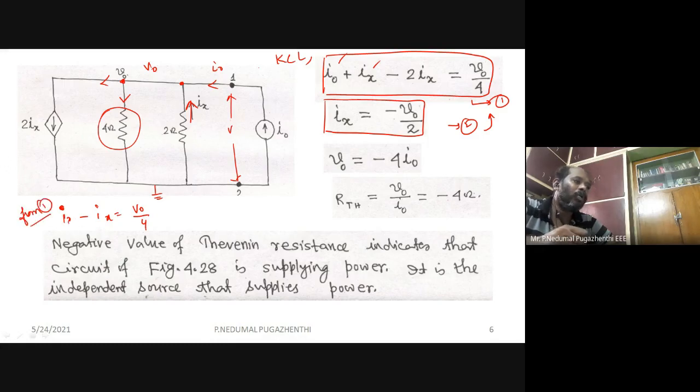If I substitute Ix is equal to minus V naught by 2, what will I get? I naught is equal to V naught by 4, plus Ix, which is V naught by 2.